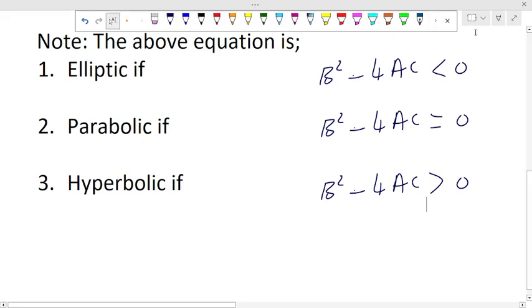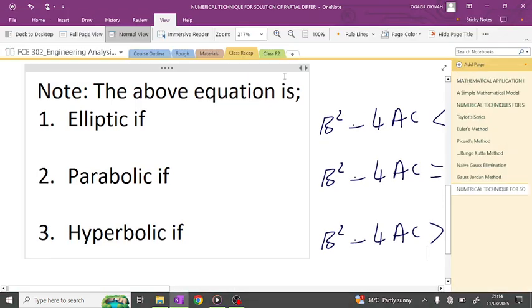So let's quickly work an example on this.